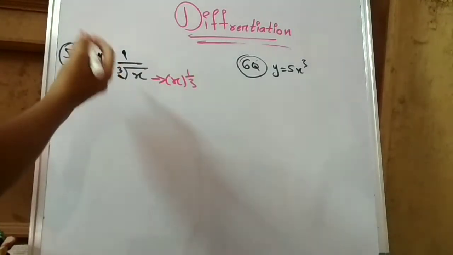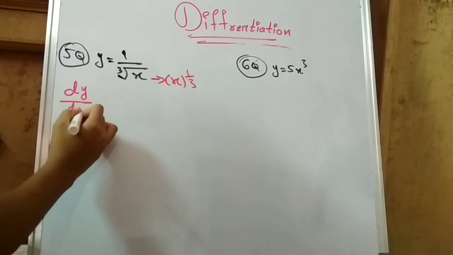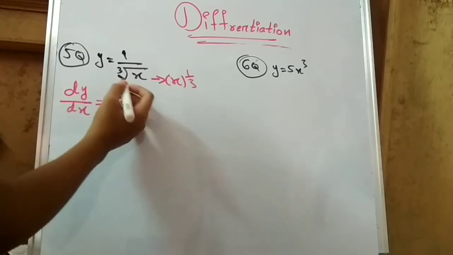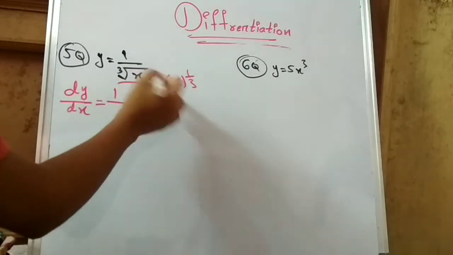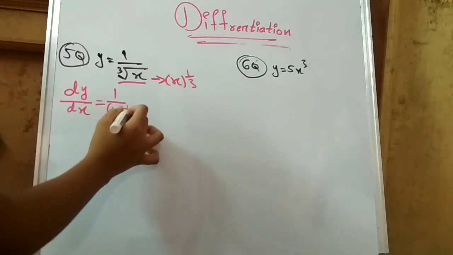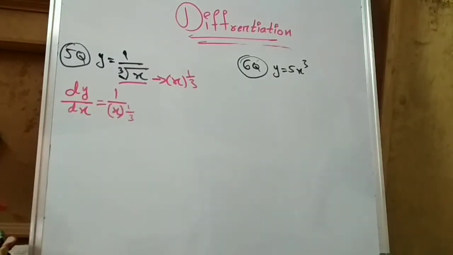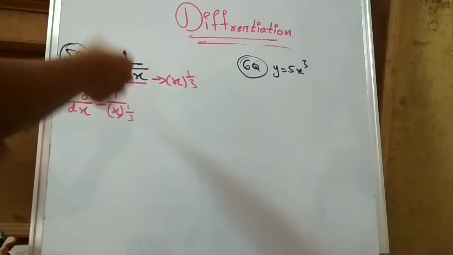So dy by dx will be equal to 1 by x to the power of 1 by 3. Now to bring x to the power of 1 by 3 up, this value will get negative.